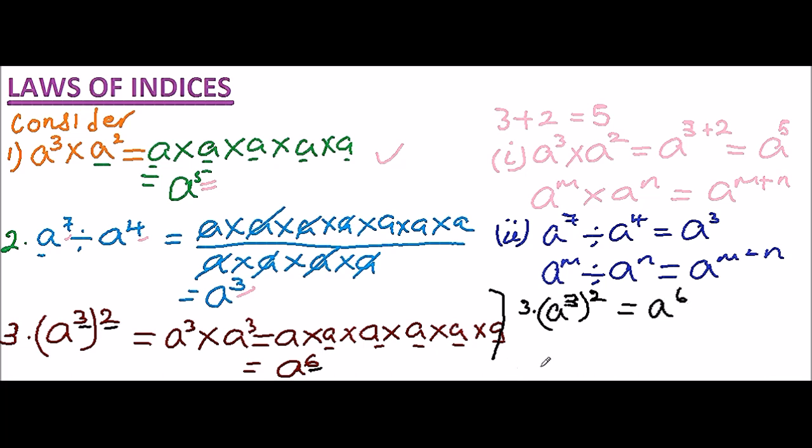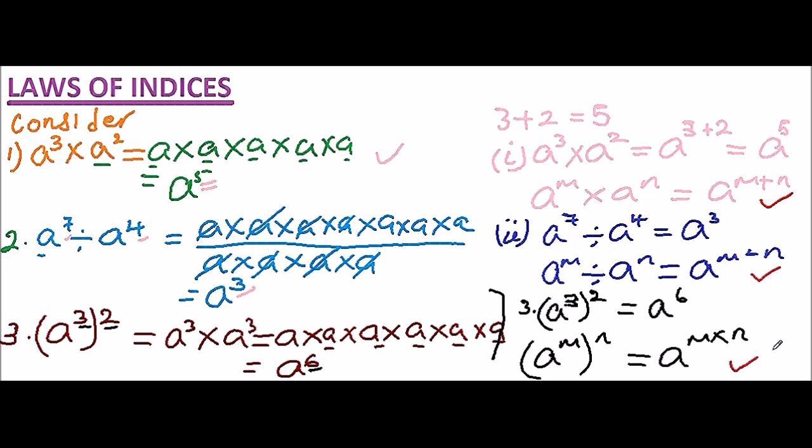And therefore, the third row of indices is a to power m in brackets to power n is the same as a to power m multiplied by n.